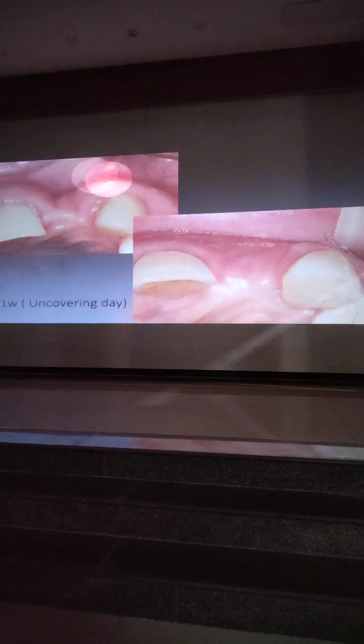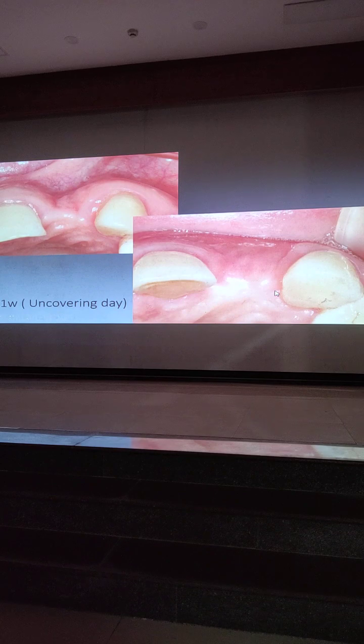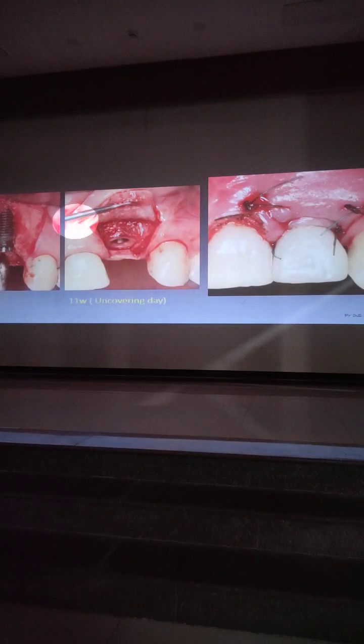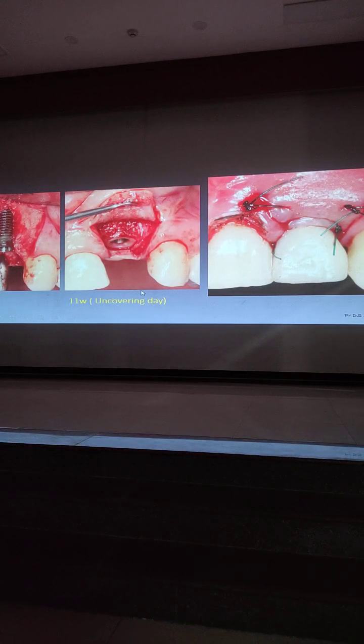This is the before. This is 11 years here. So I elevated a small flap in order to see the bone around the implant neck. This is white bone, so bone was not resorbed yet. And immediate restoration was delivered on the same day.